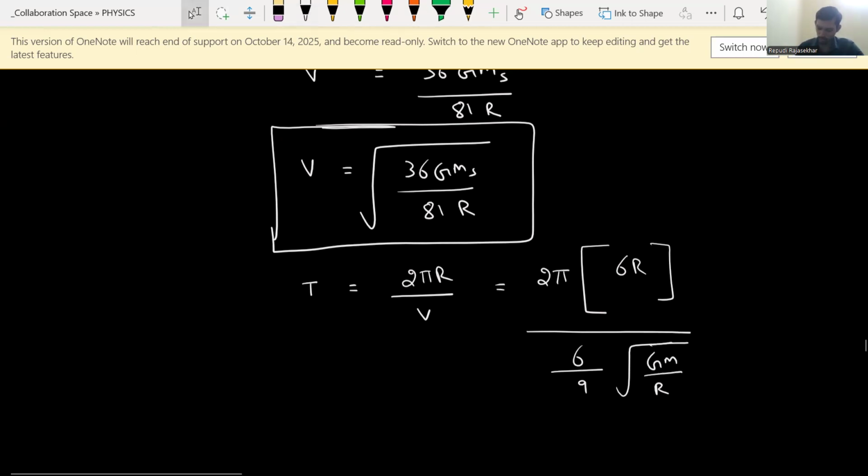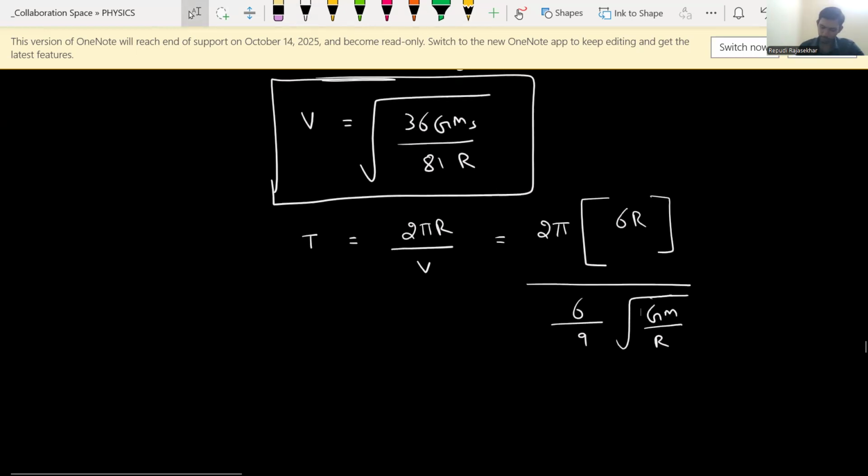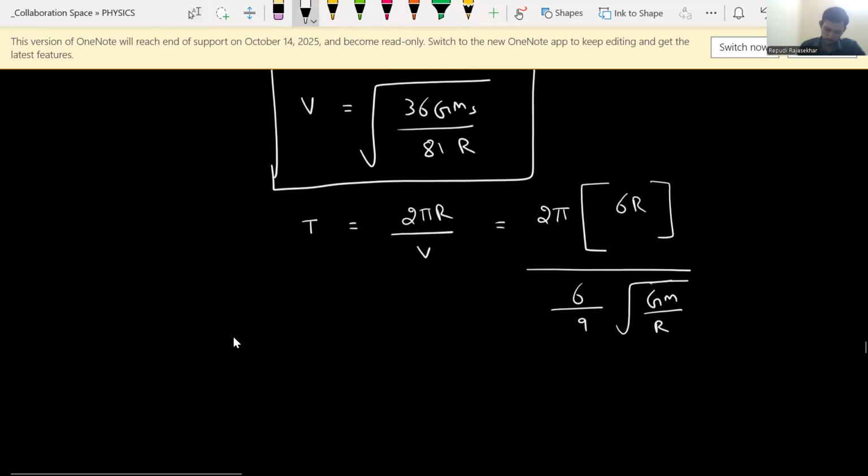Now anything that gets cancelled, we can make them cancel also. Let's keep it like this. So T equals, 6 and 6 get cancelled here. Make them cancel, so that we are left with 2 pi r divided by square root of GM divided by r. 1 by 9 is there, so that 9 goes to the numerator.